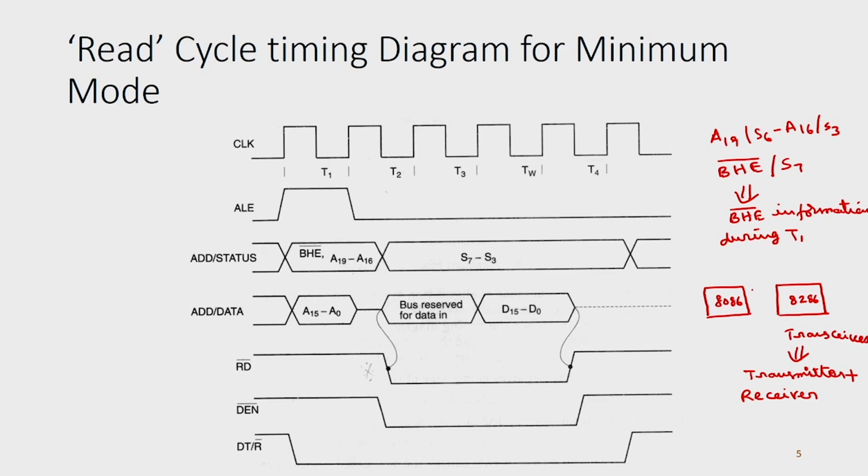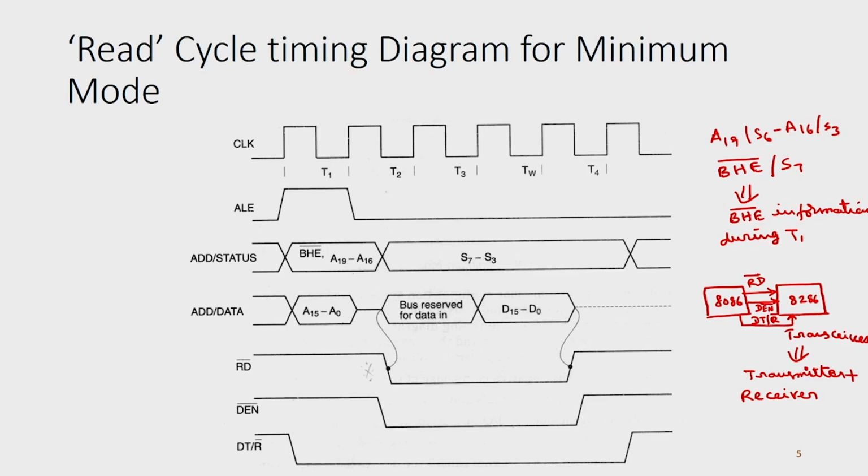For that it uses the read bar signal, and then there are two extra signals which are called DEN bar and DT by R bar. In order to perform any operation, whether a read operation or a write operation, DEN bar should be low.